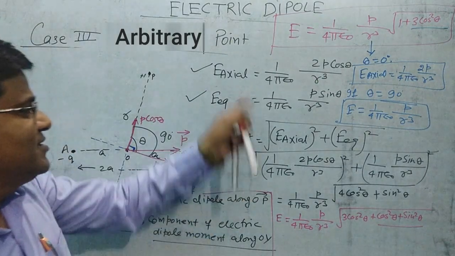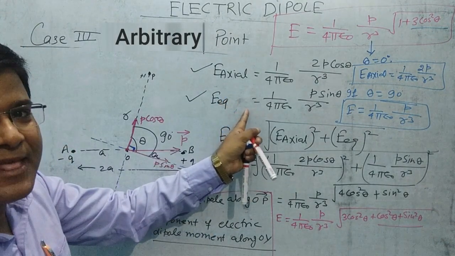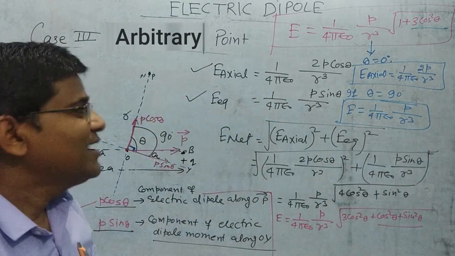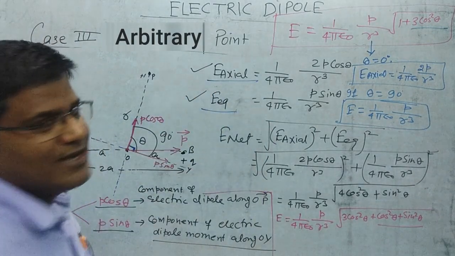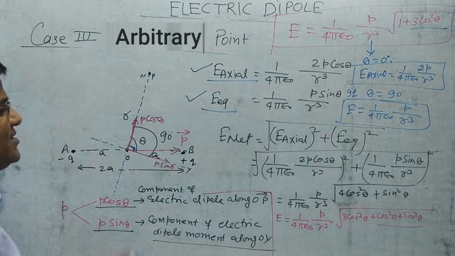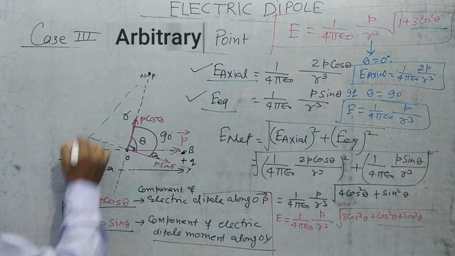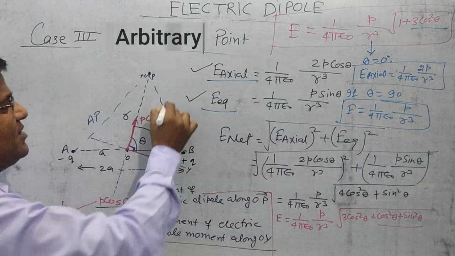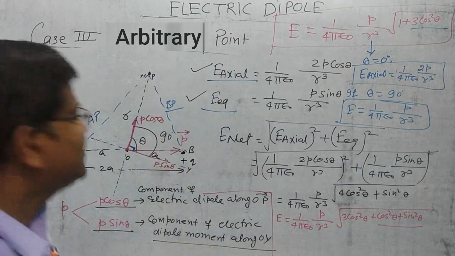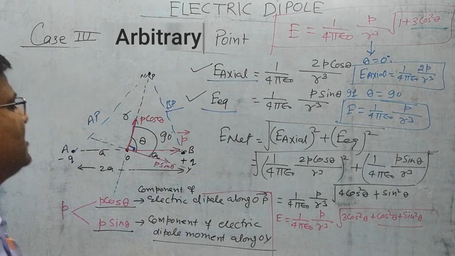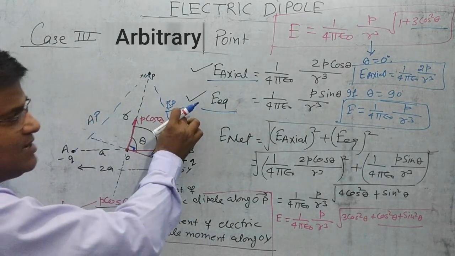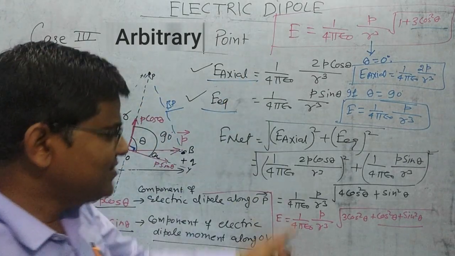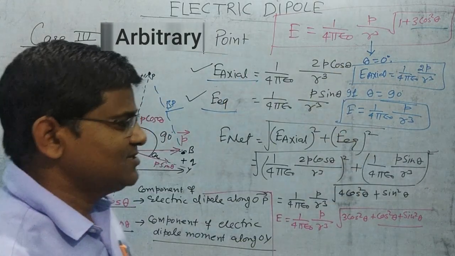But these 2 values came from the axial case and equatorial case. The second method is, if you calculate the value of AP and BP by the cosine method or any other method, then put the value of AP and BP, and simply one derivation is required for all 3 cases.